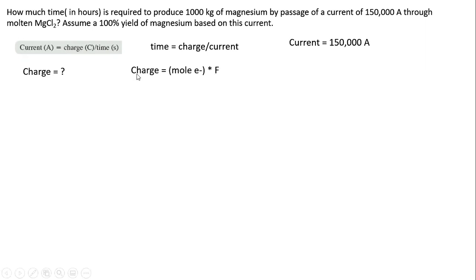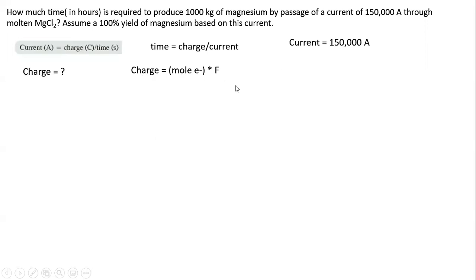Charge is equal to the moles of electrons that have been transferred times the Faraday constant, which is 96,500 coulombs per mole of electrons. So if we know the moles of electrons transferred, we can calculate the charge that was applied.